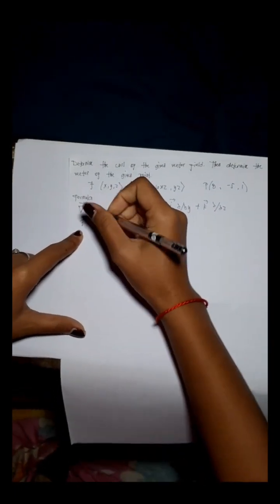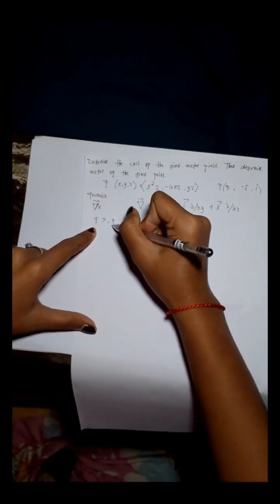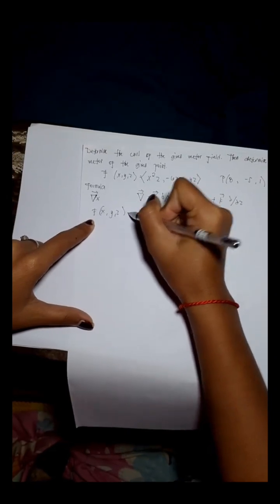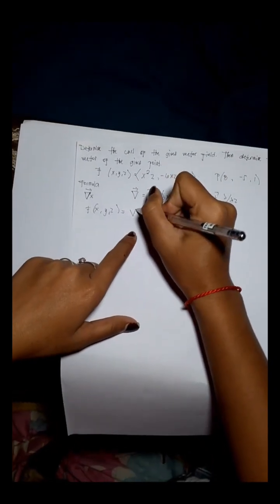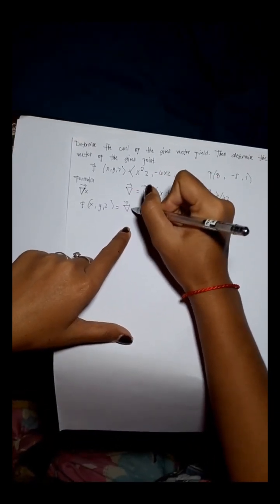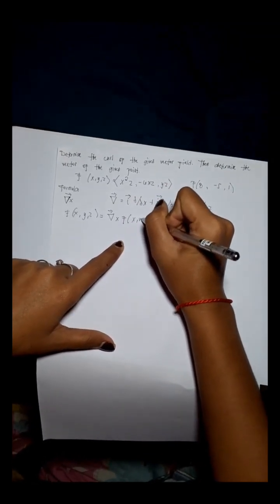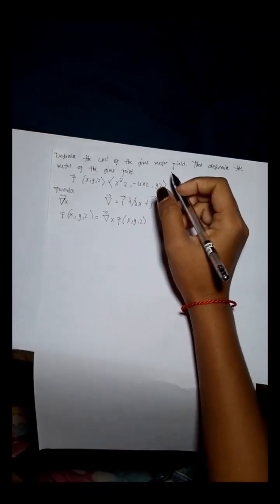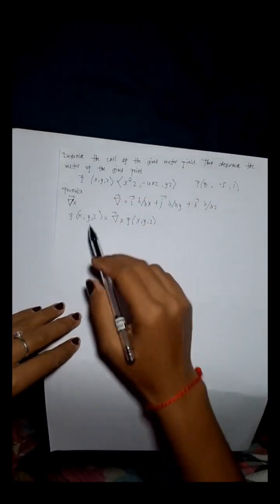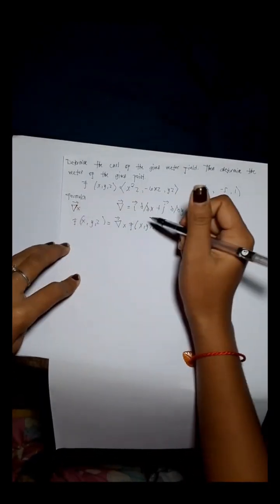So, the vector field f of x, y, and z is equal to del cross f of x, y, and z. That is vector to vector. So, we will now solve.